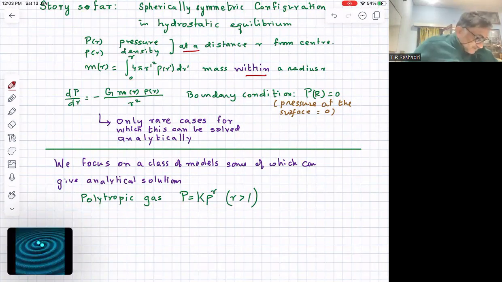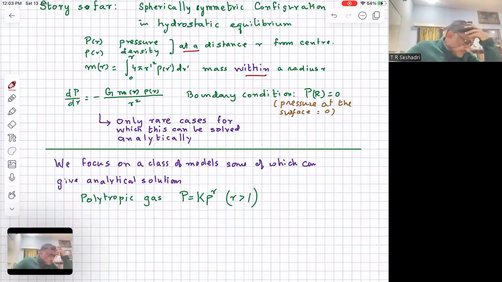Okay. Now, this looks like a very harmless kind of equation, but there are only very specific cases where this equation can be solved analytically. And what we will focus on is a class of models, some of which can give analytic solutions.